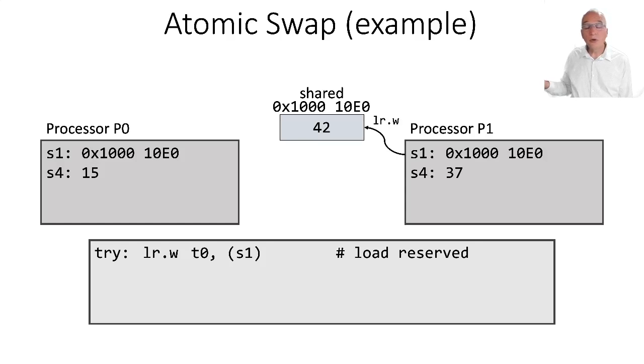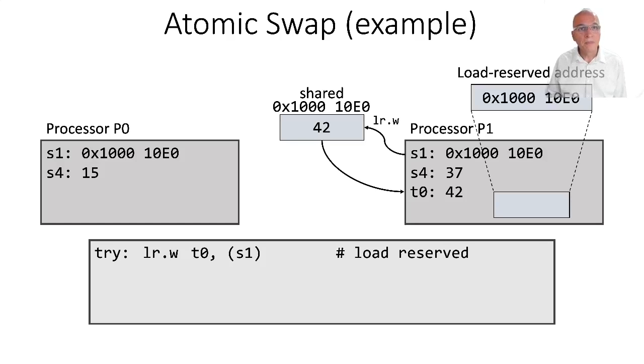So I will have both processors executing this code. Let's say processor P1 in its version of the code does the load reserve into that address and receives the value 42 back. It could have been processor P0 or P1 doing it first. The order should not matter for the outcome in this case.